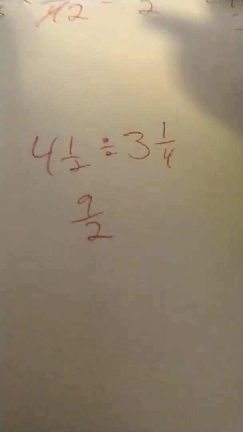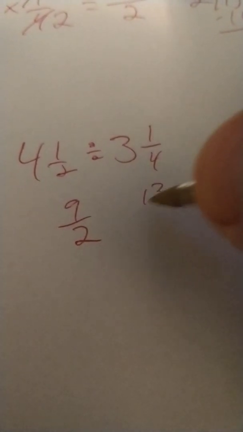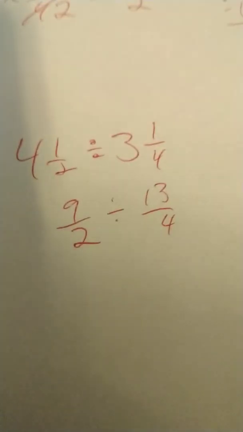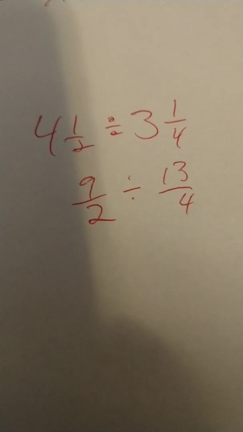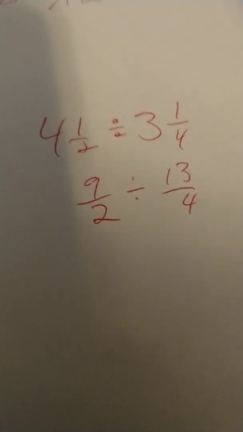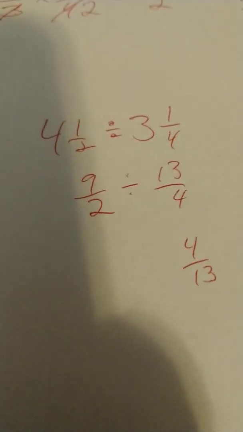Fractions only is our first step. So big times the bottom plus the top. Big times the bottom plus the top turns into 13/4. And this is what I have now. All you have to do with division, the only thing that's different, flip the second number. 13/4 turns into 4/13. Just get the refliprical.